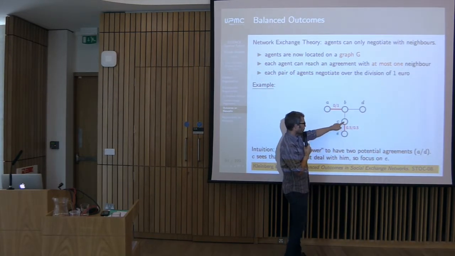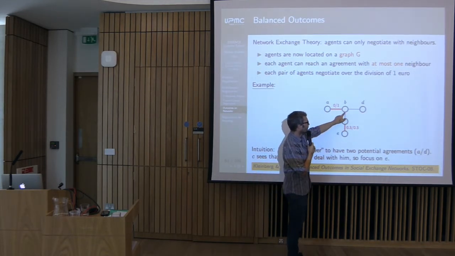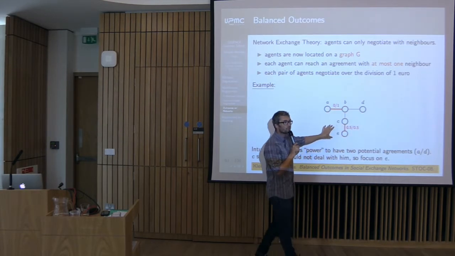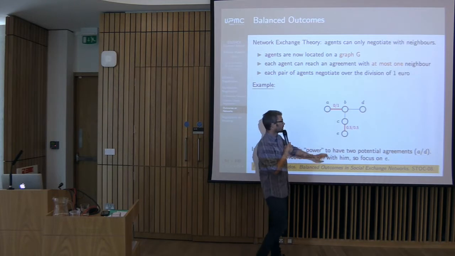C would very soon see that he would not get a good deal with B, so he would focus on E. So he would actually be in a position which is a bit symmetrical with that of E, who also only gets one option. And so they would evenly divide the dollar in that case, okay, 50-50.